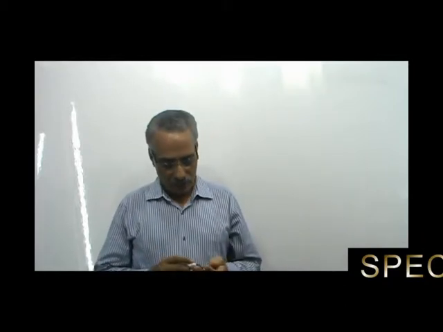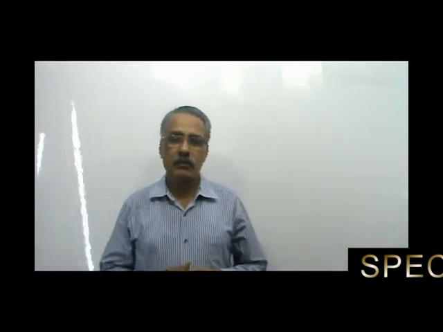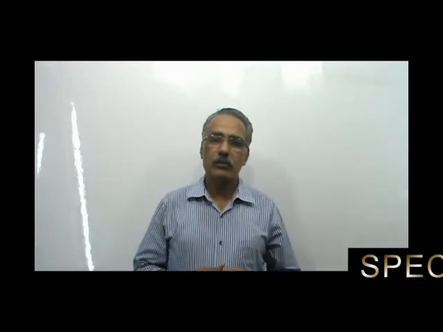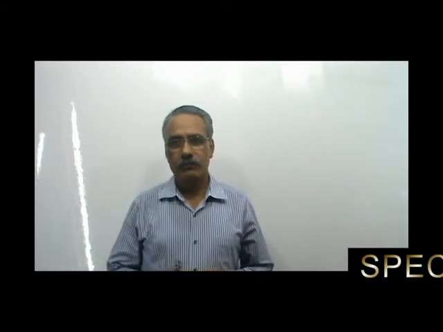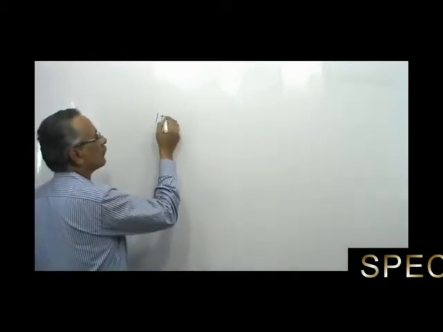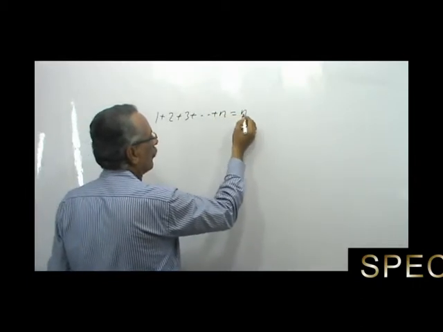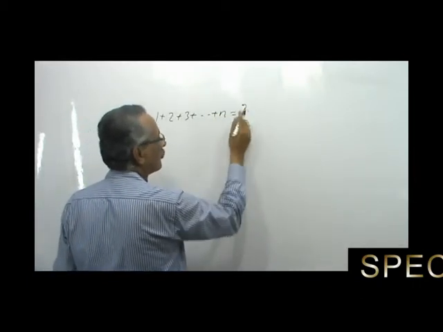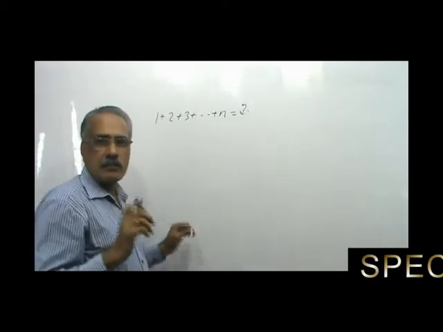For example, we know that the sum of the first n natural numbers is n into n plus 1 by 2. That is 1 plus 2 plus 3 plus up to n is equal to n into n plus 1 by 2. Now suppose we ask what is the value of 1 plus 2 plus 3 plus etc. up to n is equal to what? This answer cannot be obtained by mathematical induction.